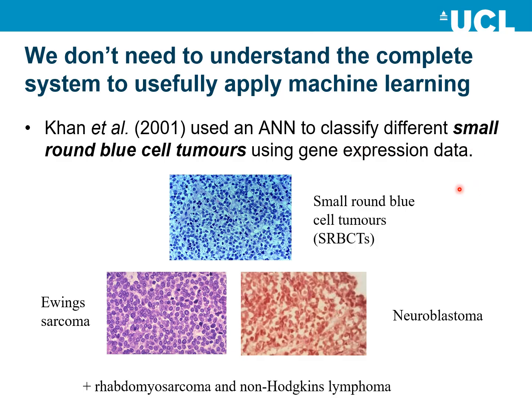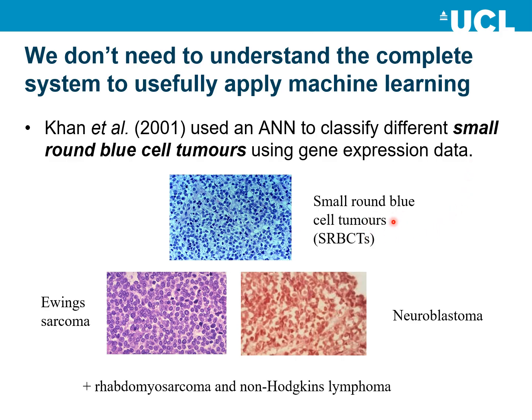It looked at small round blue cell tumours, a type of cancer, sarcoma, using gene expression data. The whole purpose of the study was, given a particular cancer sample, can we determine what type of cancer it is?